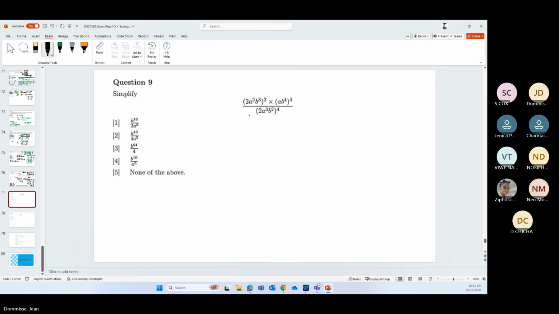So what I normally would do is first look at my numbers. So there's a 2 to the power of 2 at the top. There's nothing there. There's a 2 to the power of 4. Okay, so that and that we've taken care of. So let's write that out.